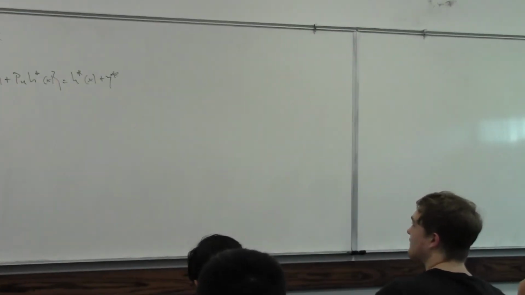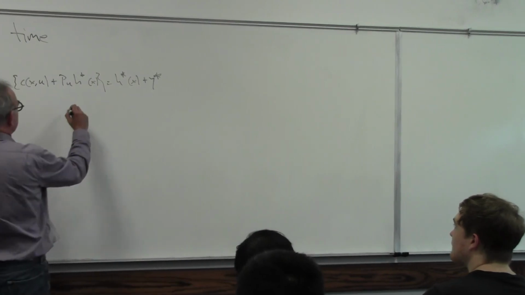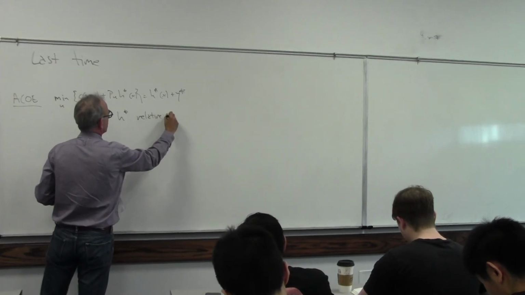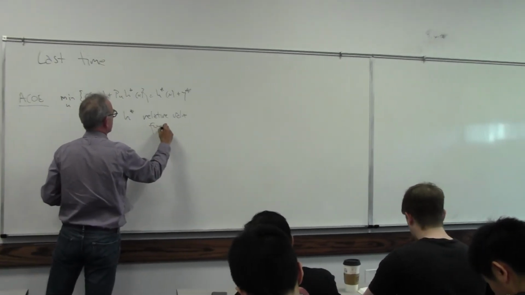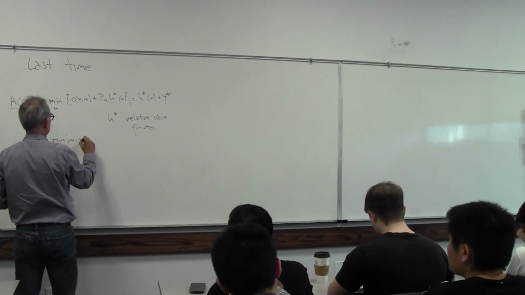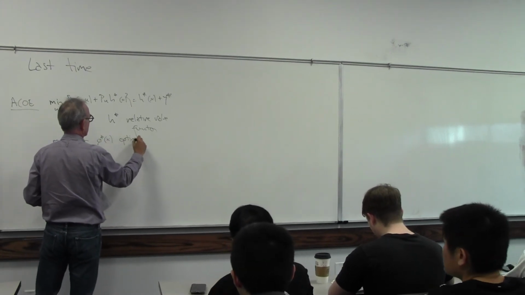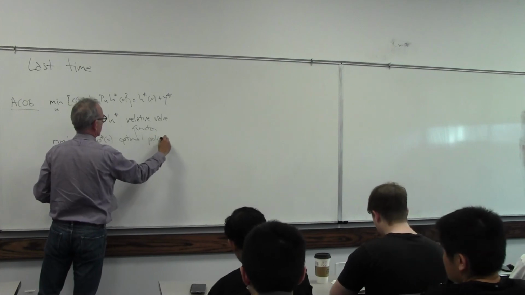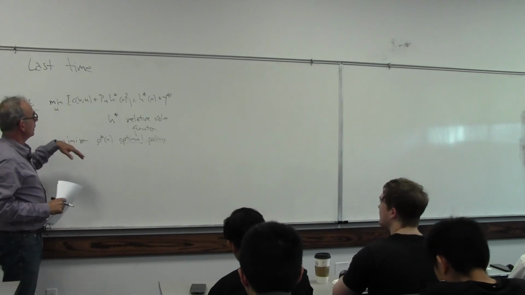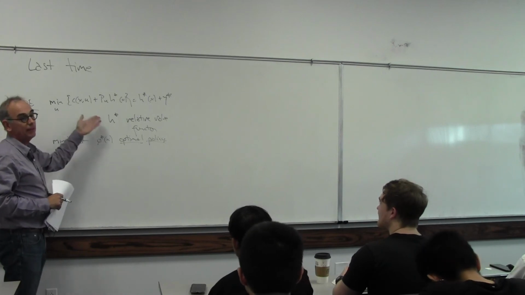So this is this mysterious fixed point equation in this h star, which is a relative value function. So you solve this equation, it's a fixed point equation of function h, and this is a meaningless quantity pretty much.